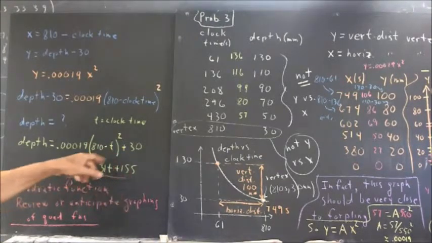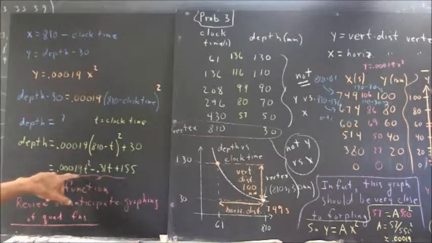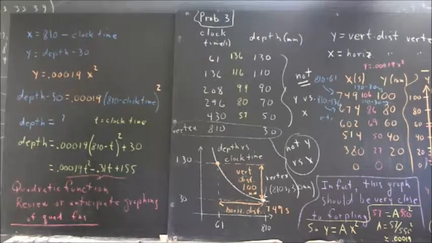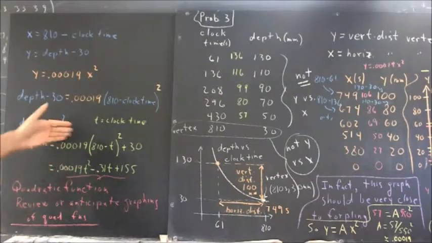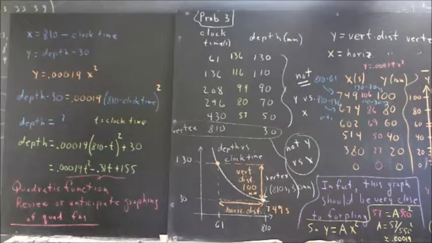You're going to get 125 out of this thing when you multiply through by the 0.00019. You're going to add that to 30 to get 155. It's very simple. You just do what it says, expand it, and express it in the standard form of a polynomial. So what we have here is a quadratic function.